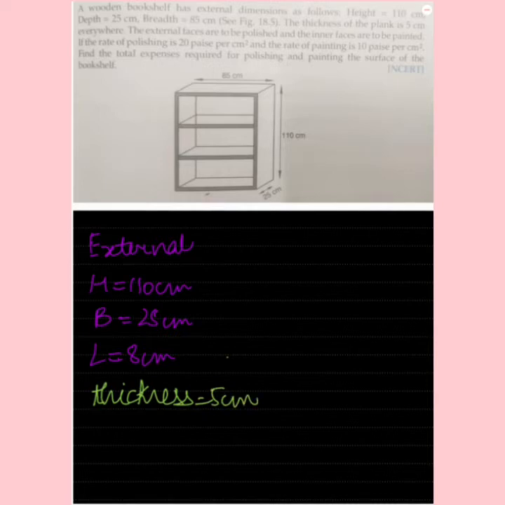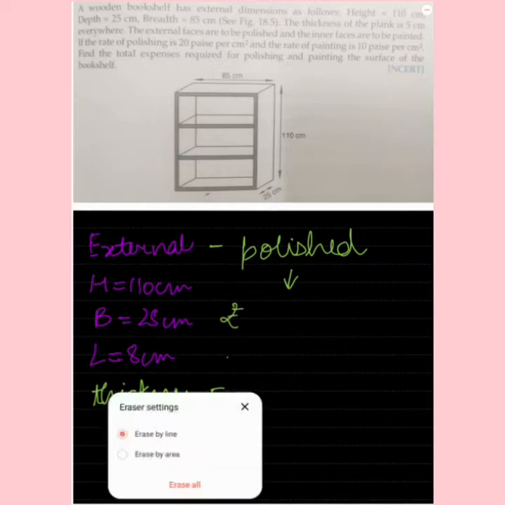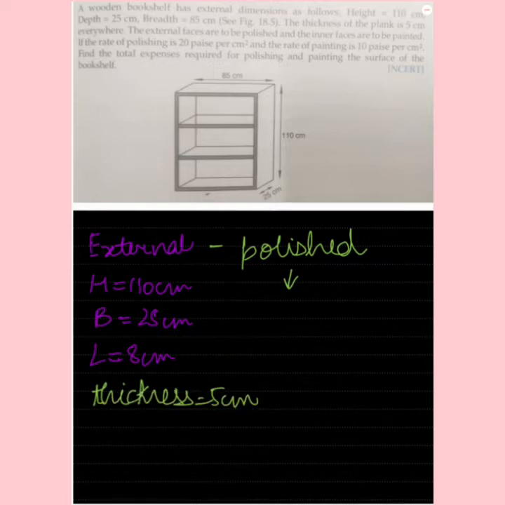Next we are given that the external features are to be polished, and inner features are to be painted. Okay. Now what is the cost of polishing? It is 20 paise per centimeter square.